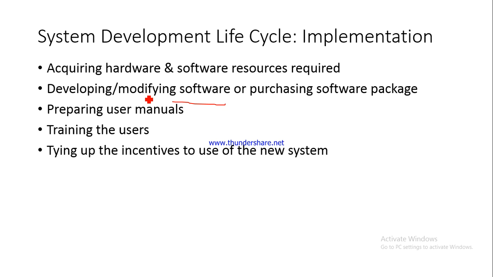So those employees who are quick to learn how to operate the new system and how to utilize it, they probably can be provided some kind of an incentive. Or those who are laggards, they might be punished or reprimanded. So this is something that you'll have to bring in, and herein comes the HR aspect, right?